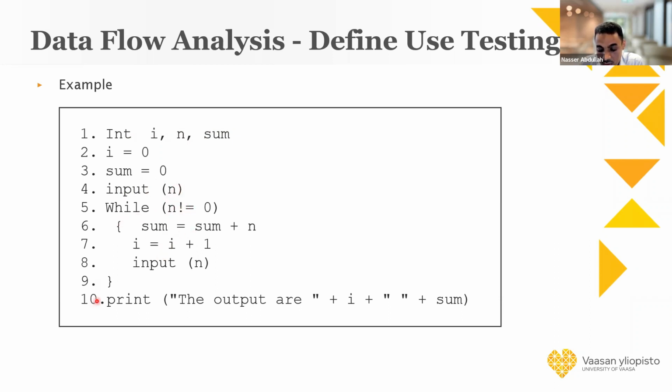If n is 0, we go out of this loop, or we go for this sum with n, and then increment, and then input again. If the input is not 0, it goes around the loop again. Once n is 0, it gets out of this loop. This is a simple program, and we want to just see the flow of the data.